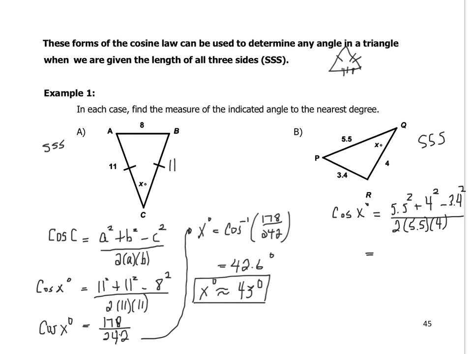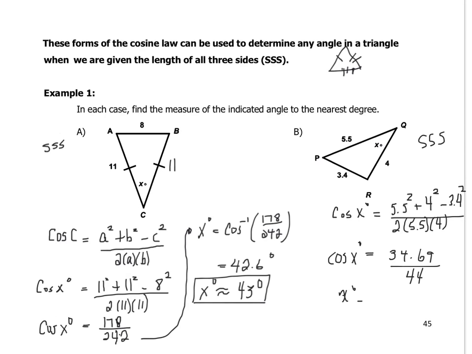5.5 squared plus 4 squared minus 3.4 squared is 34.69 all over 2 times 5.5 times 4. And it works out to be 44. So you have cosine of x degrees.